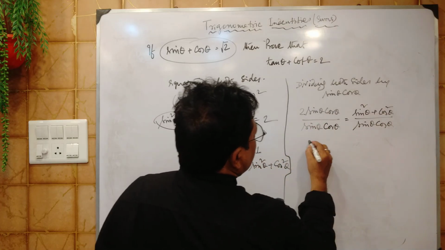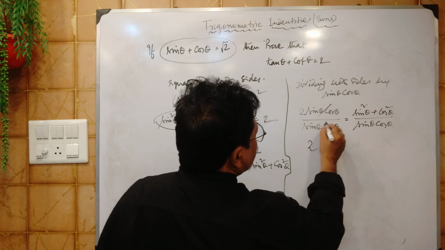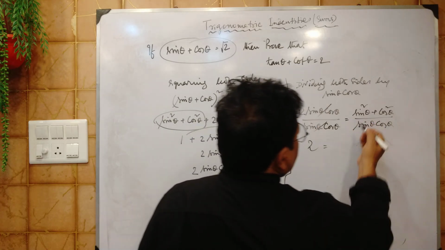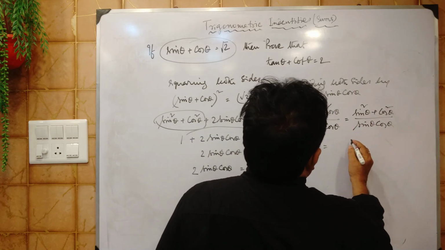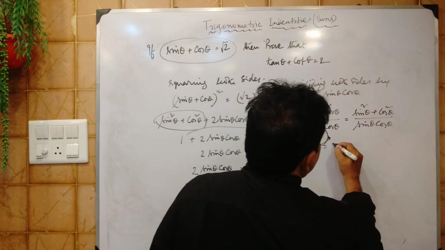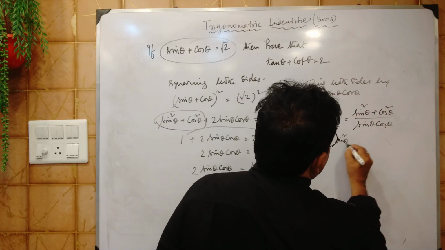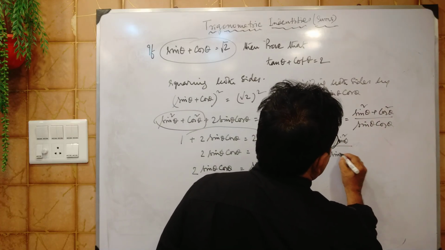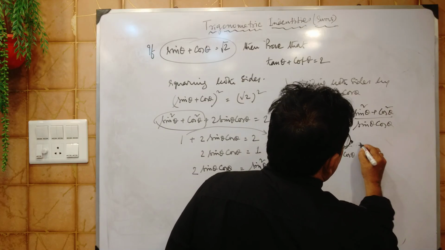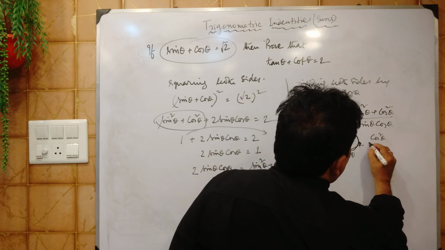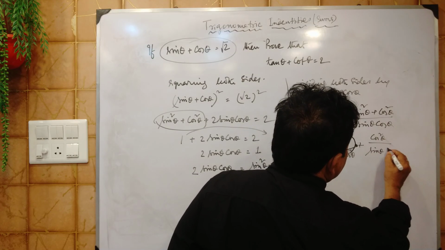So here it will be 2 because sin theta cos theta cancels out. Here you will get, dividing into 2 parts, sin square theta by sin theta cos theta plus cos square theta by sin theta cos theta.